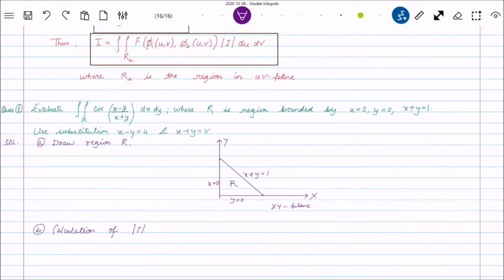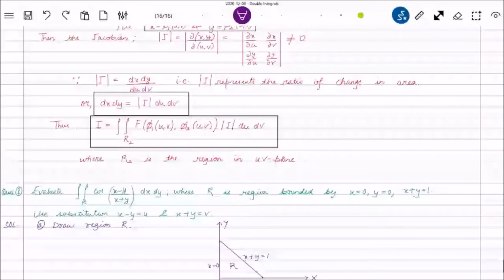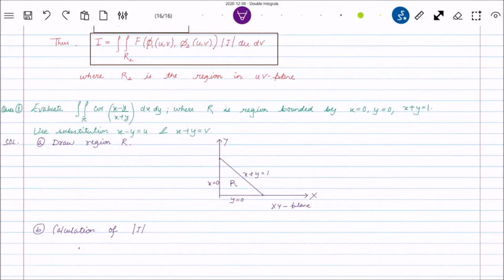But in fact, you need the Jacobian of xy with respect to variables uv. Unfortunately, x and y are not given in terms of u and v. In fact, the case is opposite. u and v are given in terms of x and y.